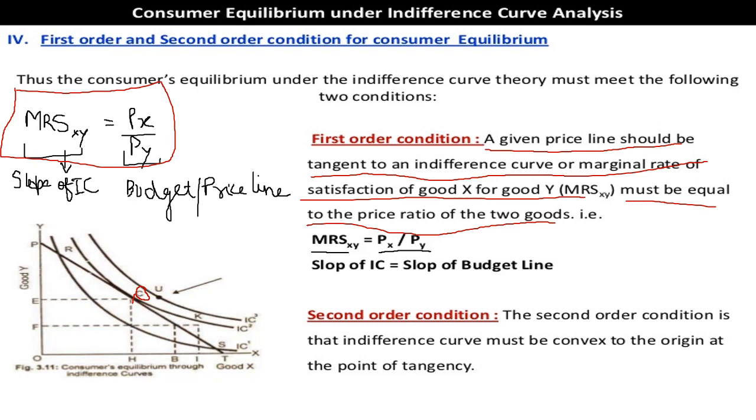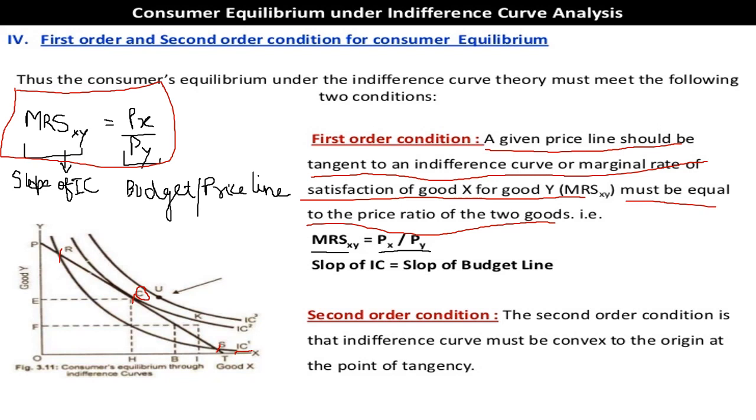I have drawn all these indifference curves to make you clear that the consumer will strike equilibrium when the indifference curve is tangent to the budget line. In IC1, you will realize that IC1 is intersecting the budget line.